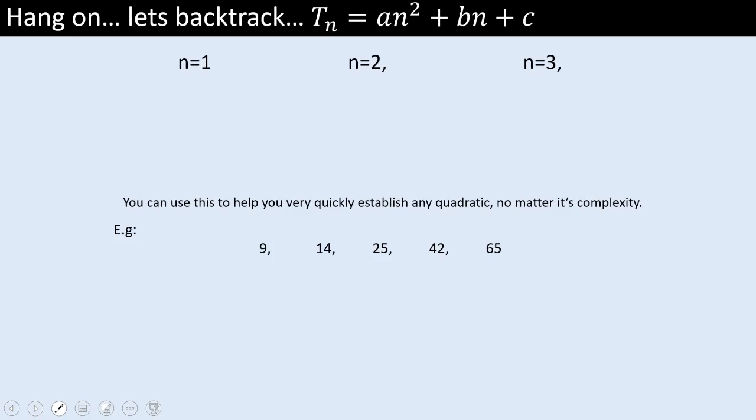We know that any quadratic equation can be written like this. Okay, any quadratic equation can have some squared parts, some not squared parts, and then add or subtract something at the end. Okay.